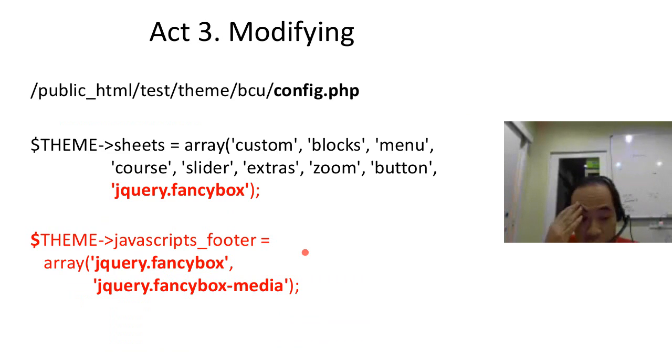Now for the modifying part, I'm just going to show you the main steps, because the code that I used, I'm going to put on the iMoot site, on the iMoot page. I'm even going to put it on my blog, and you're free to dissect it, criticize it, correct me, especially those who know JavaScript and jQuery better. The first step was to edit the config.php, and I managed to simplify the process so that I only needed to upload one CSS file, that's jQuery.fancybox, and two JavaScript files.